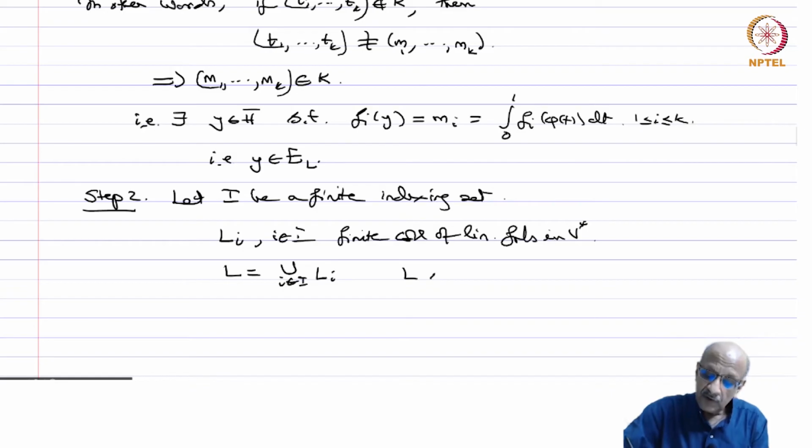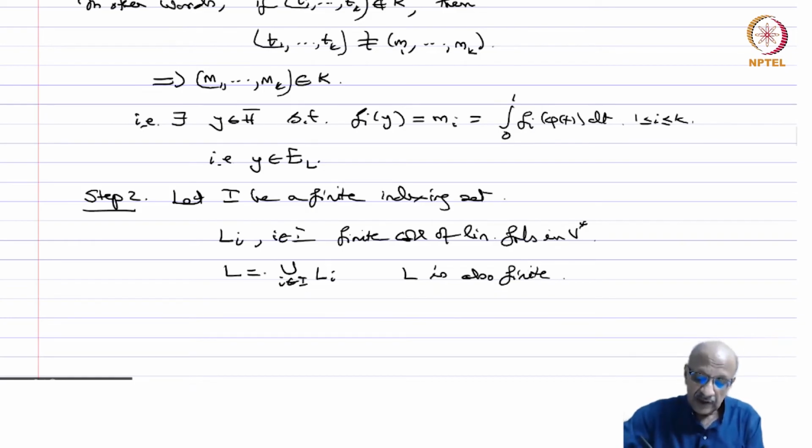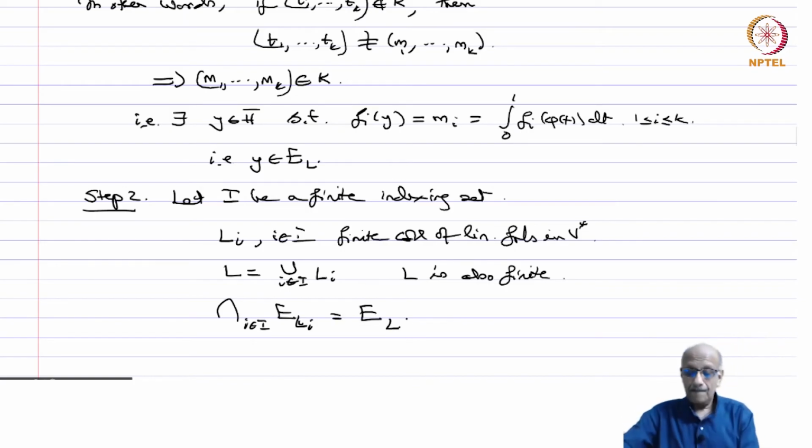So L is also finite, because each of these is finite and this is a finite union. And it is very easy to check that the intersection over i in I of E of Li is nothing but E of L.